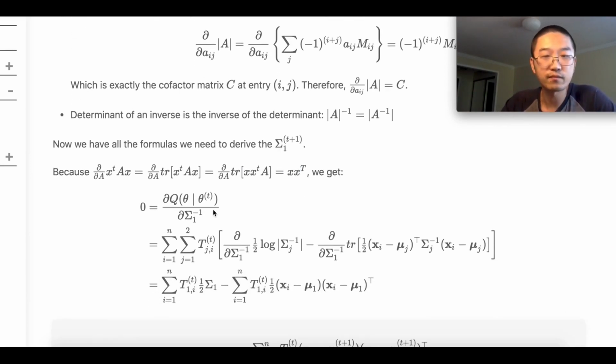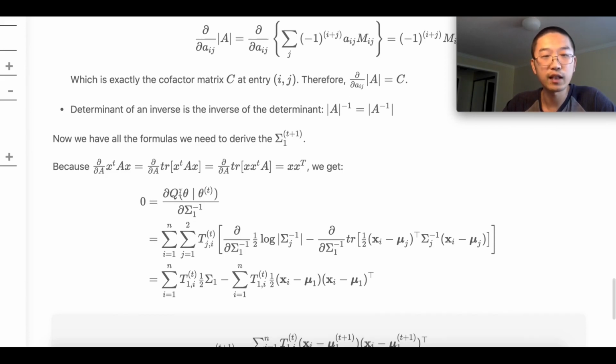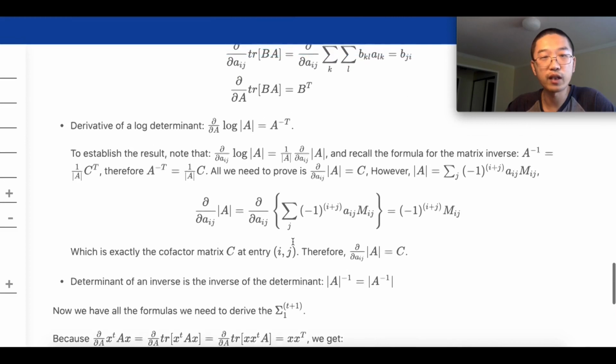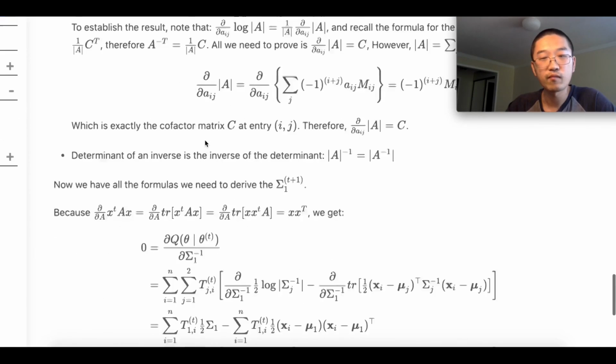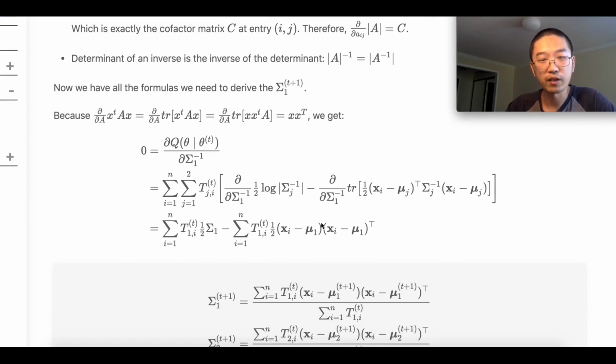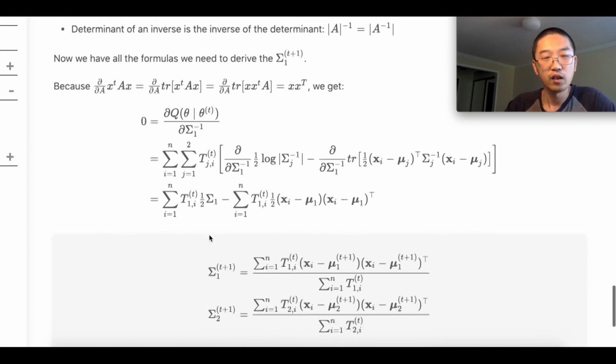Now we take the derivative of Q with respect to sigma j inverse. For the log term, we get minus the inverse of sigma j. And for the quadratic form, which is a scalar, it's the same as the trace, so if we apply the formulas we have for the derivative of the trace, we get the whole term here.